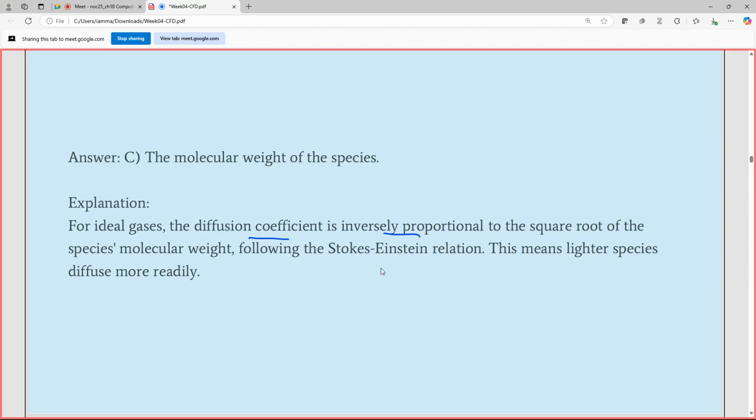This is related by the Stokes-Einstein relation, which means lighter species, which has lower molecular weight, will diffuse faster, and the diameter of the molecules also matters. So our answer is option C, molecular weight of the species.